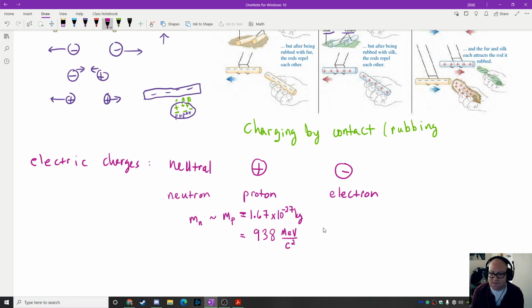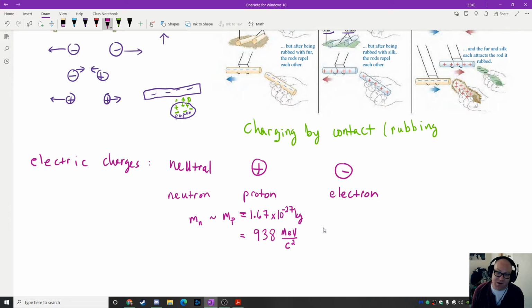A mega electron volt is an energy unit that we'll learn more about in the third chapter we'll do, chapter 23. You divide by the speed of light squared because Einstein told us that if you take energy and divide by the speed of light squared, you get a mass, right? E equals mc squared. So this ends up being a much more useful unit, both for physics 1c as well as physics 1d, really much more for physics 1d.